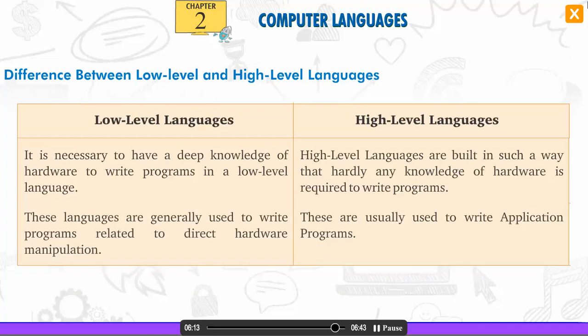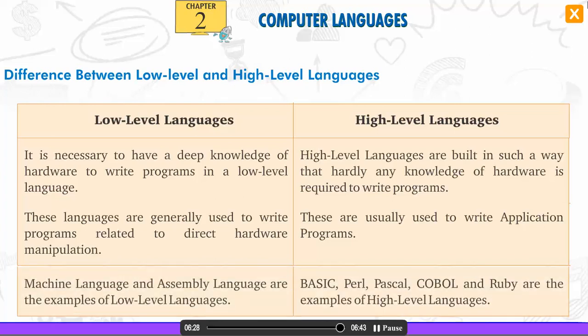Low-level languages are generally used to write programs related to direct hardware manipulation. High-level languages are usually used to write application programs. Machine language and assembly language are examples of low-level languages. BASIC, Perl, Pascal, COBOL and Ruby are examples of high-level languages.